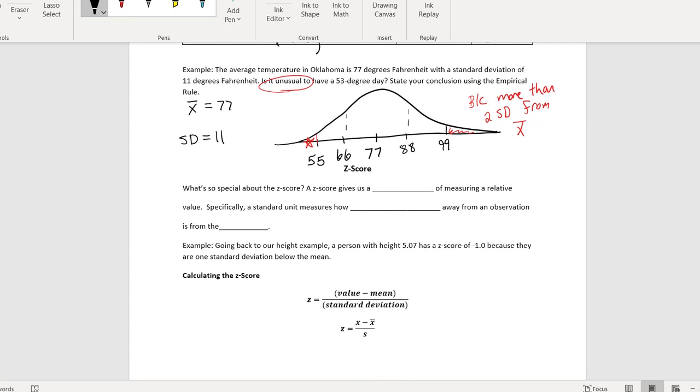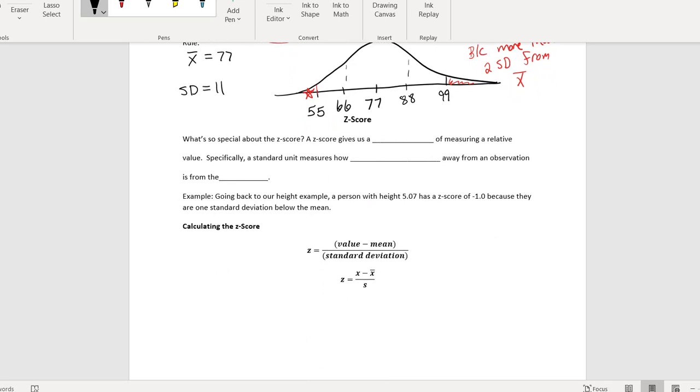Okay. Now, what this leads us to is something called a z-score. So, what a z-score does is it gives us a unit of measuring a relative value. So, what a standard deviation does is that it's a unit that's going to measure how many standard deviations away an observation is from the mean.